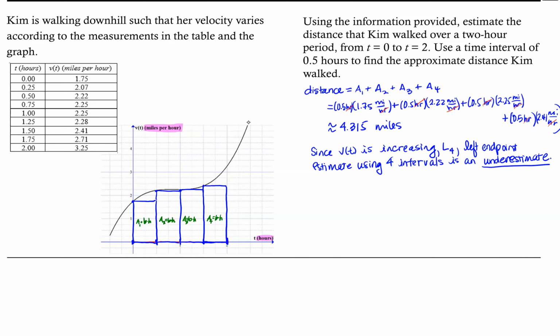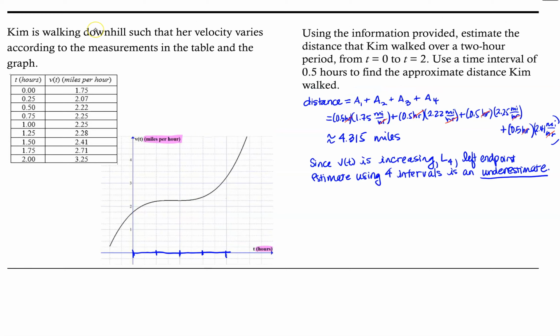Now, instead of using the left endpoints, we could use the right endpoints of each of our half-hour intervals. So let's take a look at what that might look like. Since we're going to use the right endpoint of each of our time intervals, we'll be using the height of the velocity function at 0.5 hours, or half an hour, to create our first rectangle.